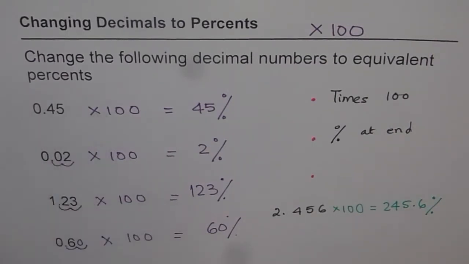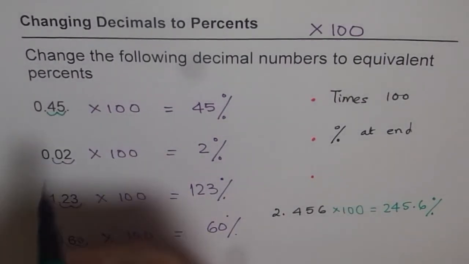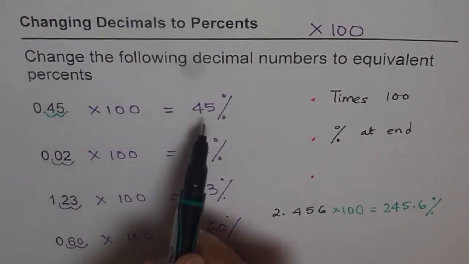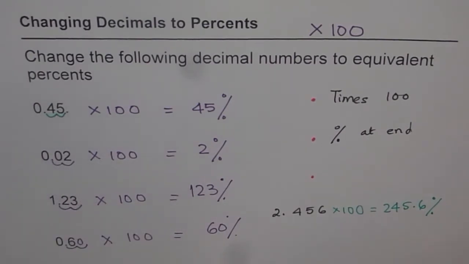Now, in these cases, what we saw is when you move to the right, the decimal comes here. If the decimal is at the end, then don't include it. But if the decimal is in between, include it. So that is what we can summarize.